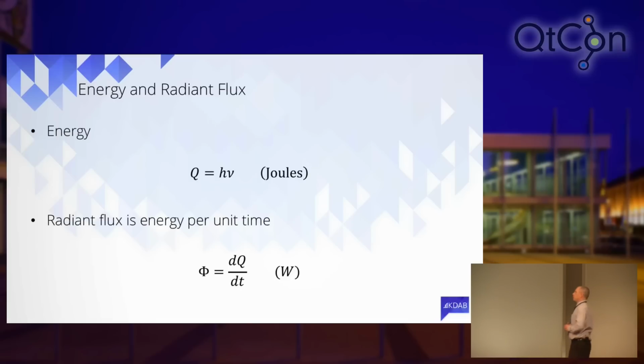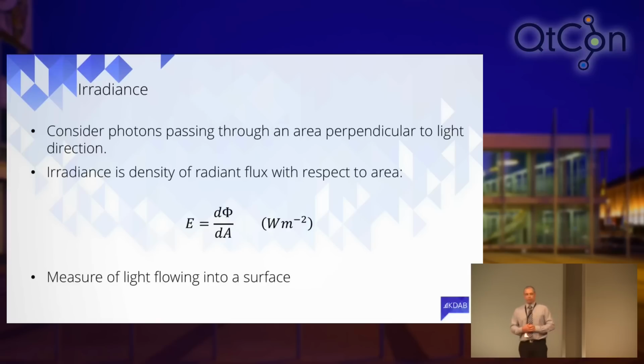Now, we get a little bit more complex. We have to think about something called irradiance. Consider photons, particles of light, all passing through a little area in space perpendicular to the direction the light is traveling. The irradiance is the density of radiant flux with respect to area. So E is d phi over dA, and it's measured in watts per meter squared.